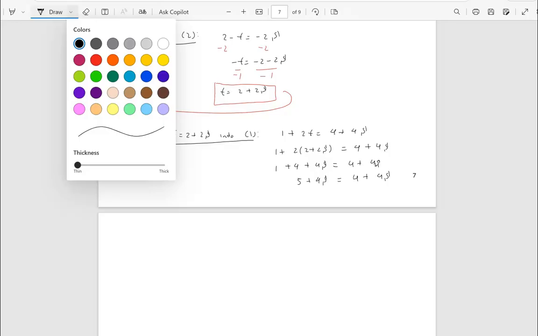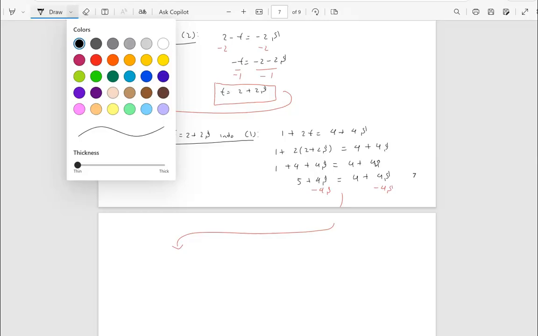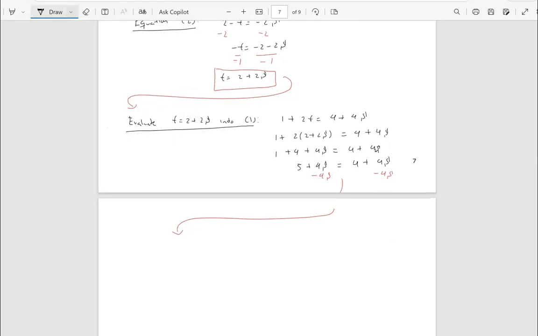Okay, and then after the subtraction of the s's, we're going to end up with the following statement. In this case, we end up with 5 is equal to 4, which happens to be false.